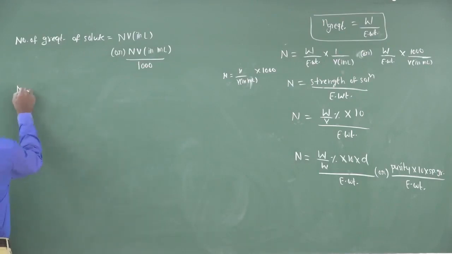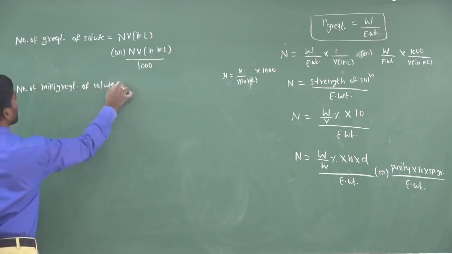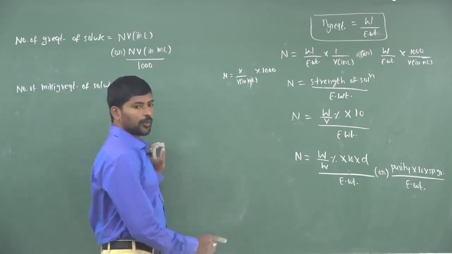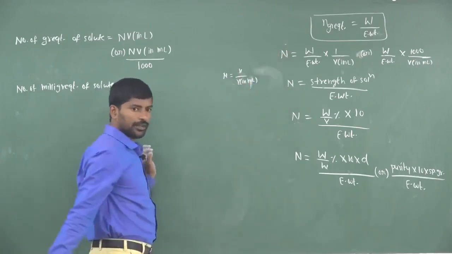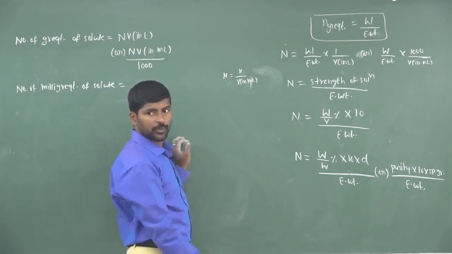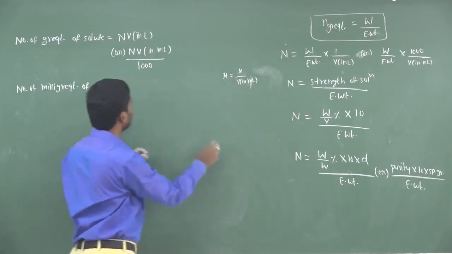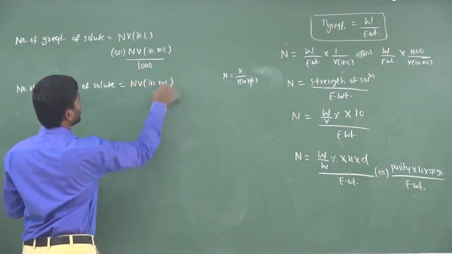Now what about the expression for number of milligram equivalents of solute? Normality is number of milligram equivalents by volume in ml. So number of milligram equivalents is equal to N into V in ml.